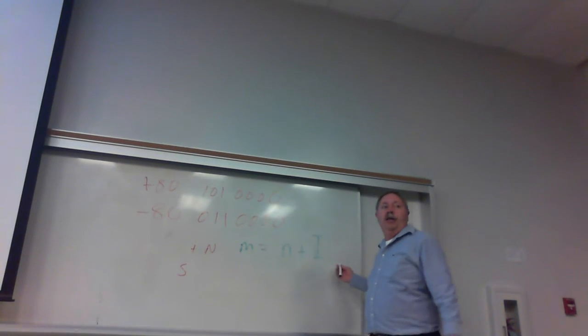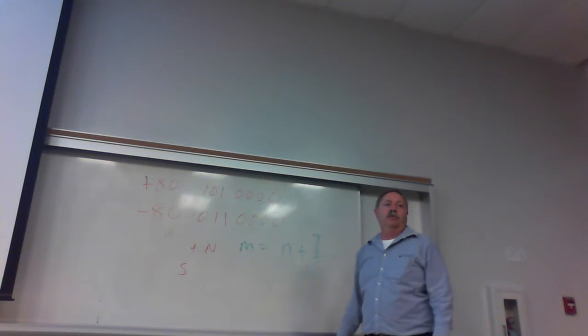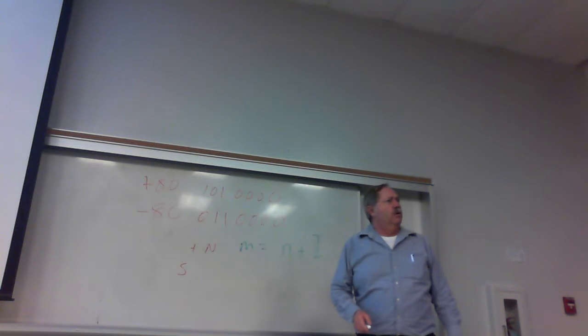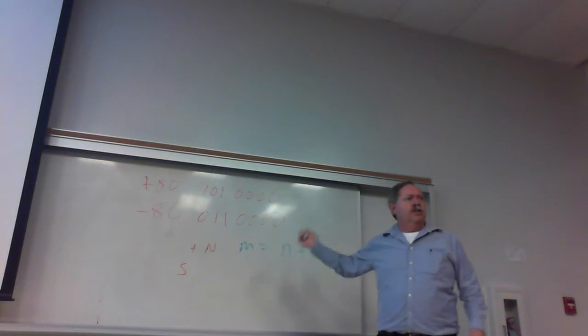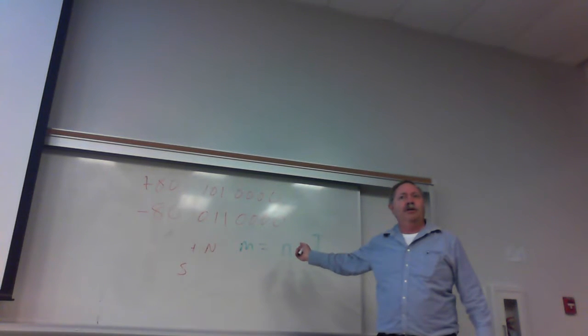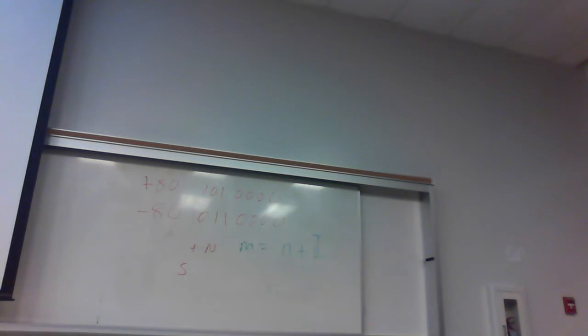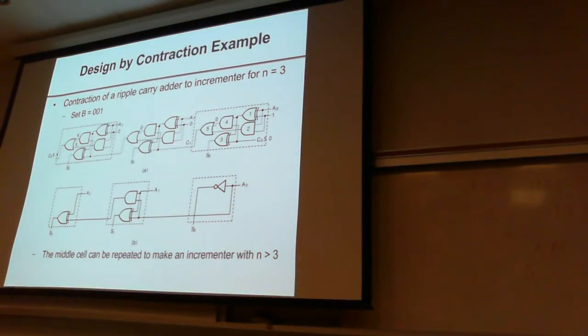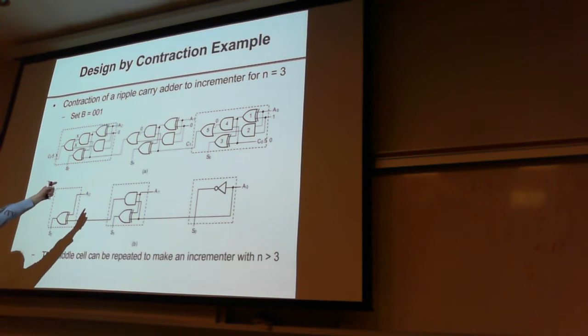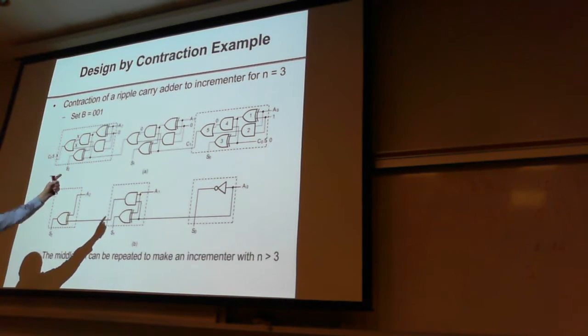Give it a number, it adds that number to it, and generates the result. Right? Doesn't that sound familiar? Anytime you give it some number, it's going to add some fixed value to it and generate a result.